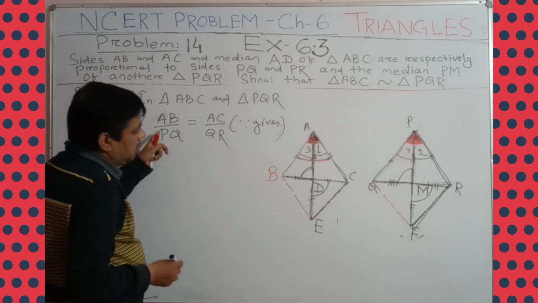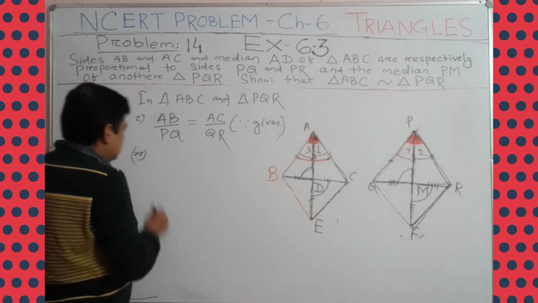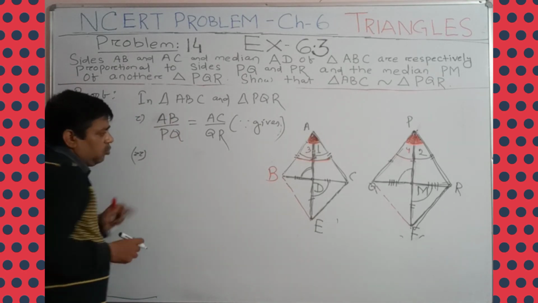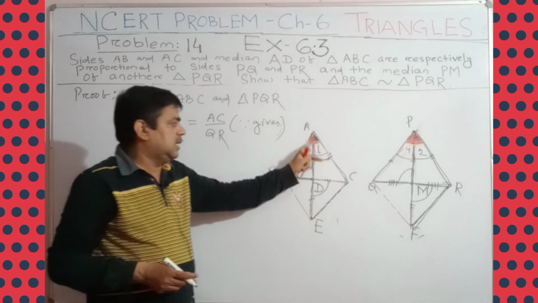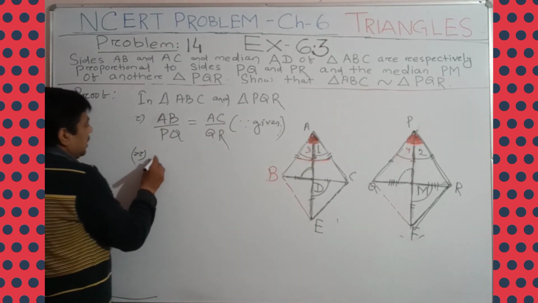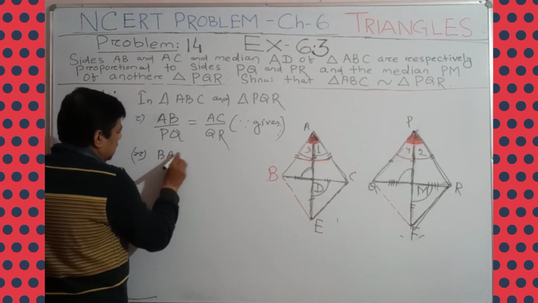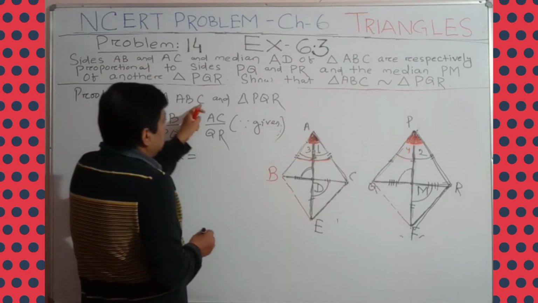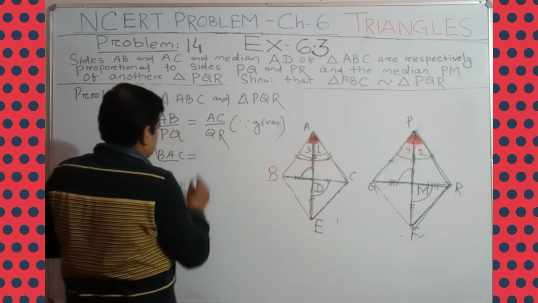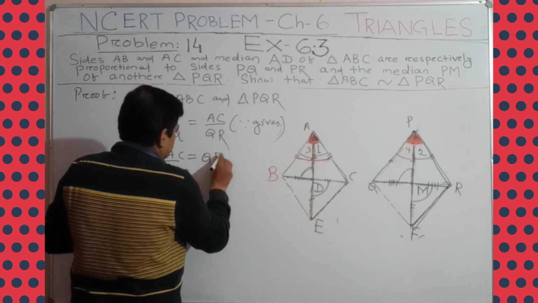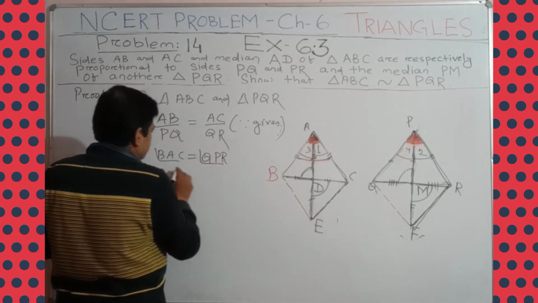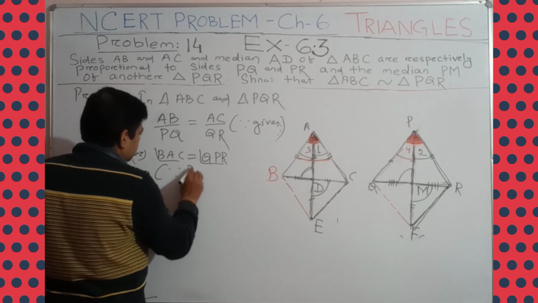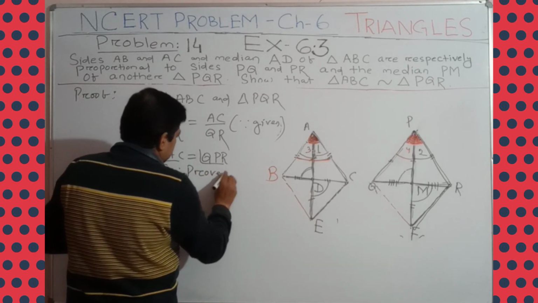Since the ratio of the two sides and their including angle, AB and AC, what is the including angle? Angle A means BAC angle. BAC angle is equal to QPR angle. We have already proved it in the previous equation.